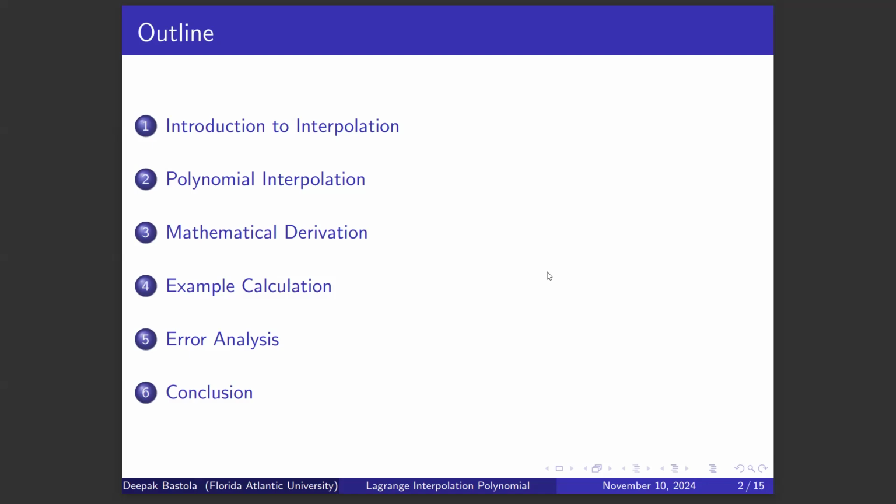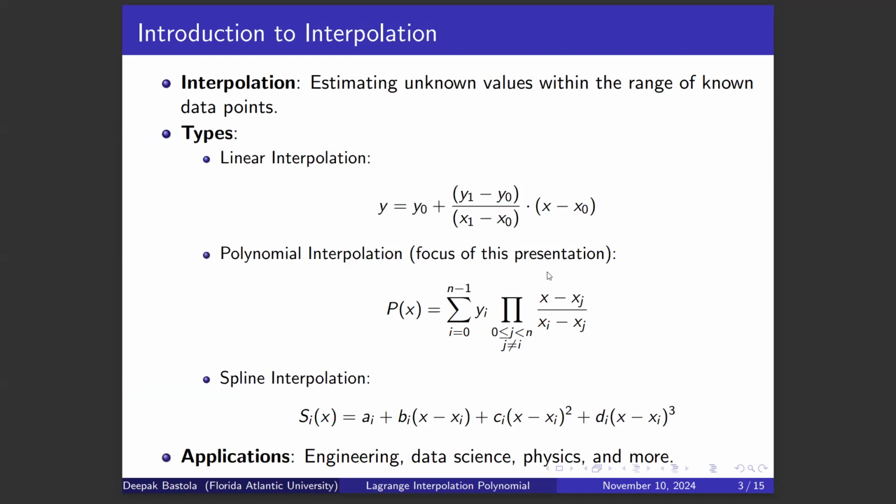Also, we will do the numerical calculation with the mathematical expression. Of course, there would be some error, so we will analyze what kind of error we will have, and how we can minimize those errors to the largest extent possible. And of course, we will conclude the talk.